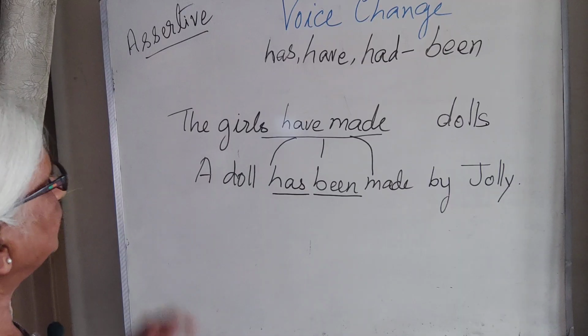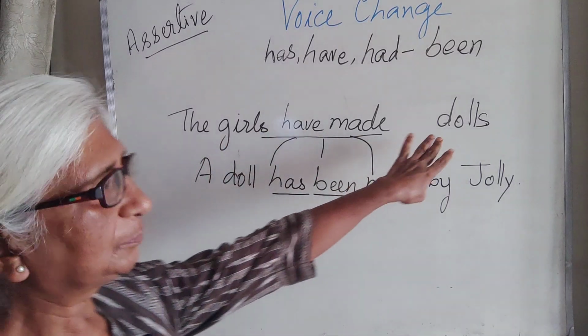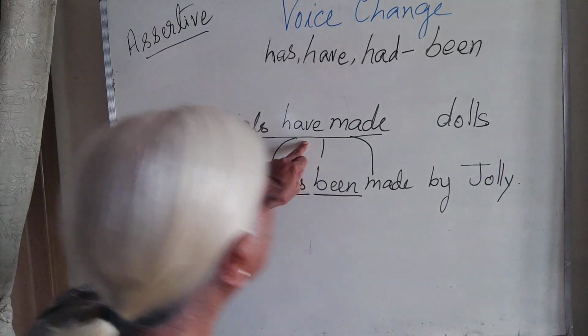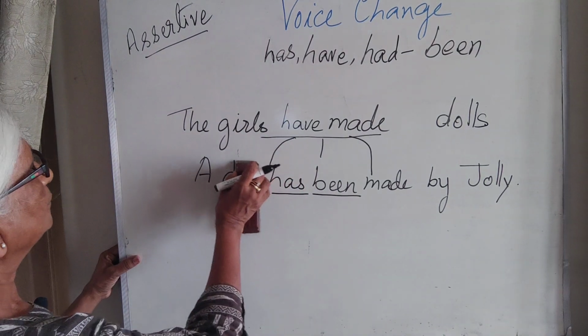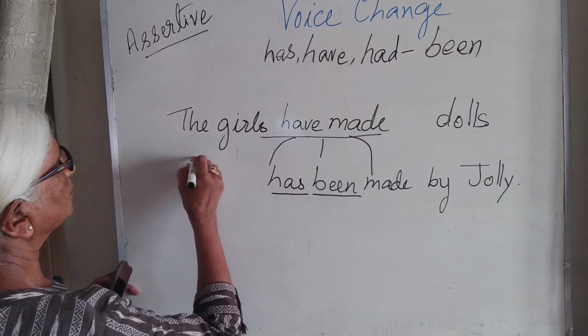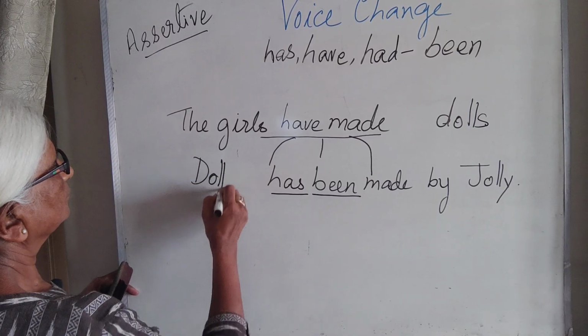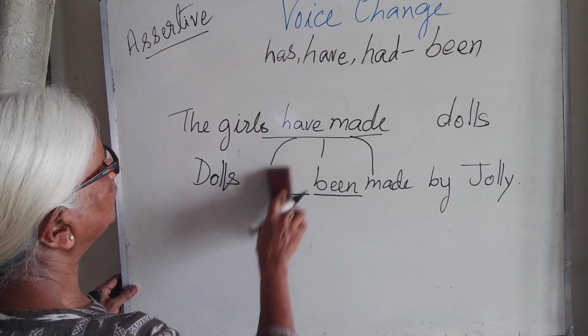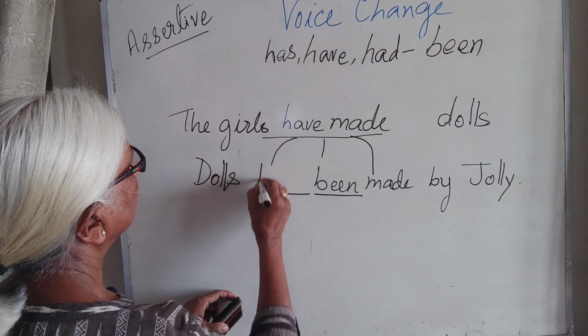Okay, so here plural, here plural. Obviously, we use have as the plural form. So here it becomes dolls, has will turn into have.